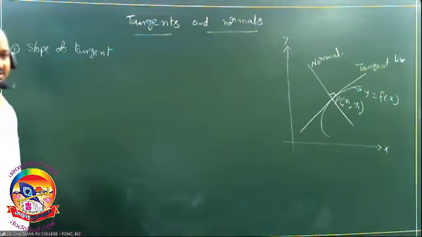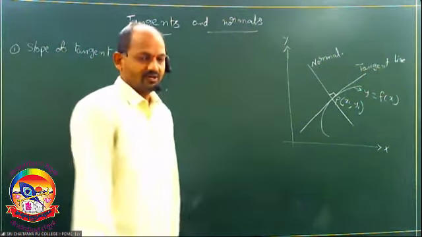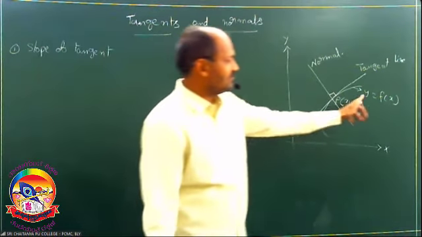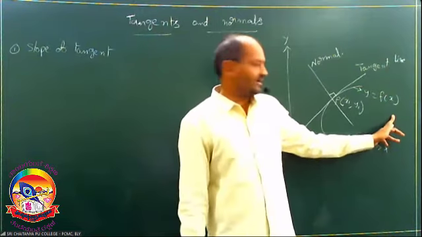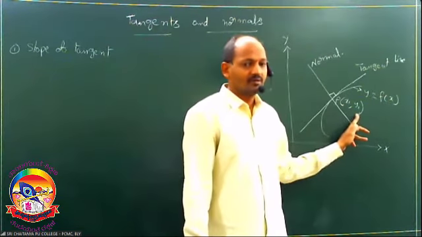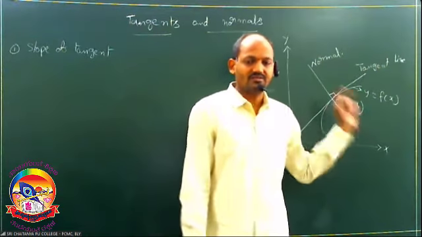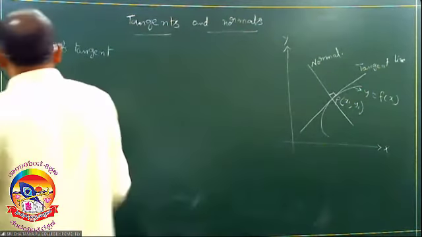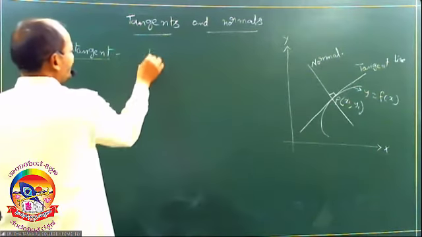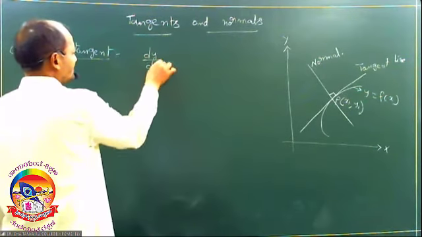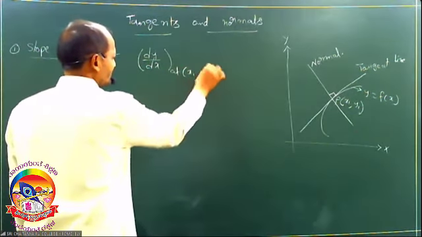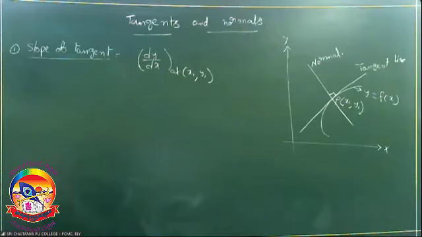Slope of tangent means clearly it is m or dy by dx. Here y is equal to f of x be a curve. Then find the derivative, that means dy by dx, and substitute the given point x1, y1. That is the slope of tangent. So it is the slope of a tangent, that is dy by dx at the point x1, y1.